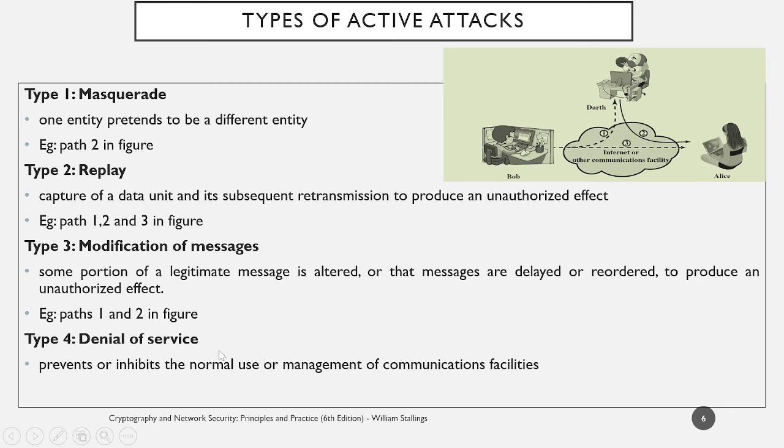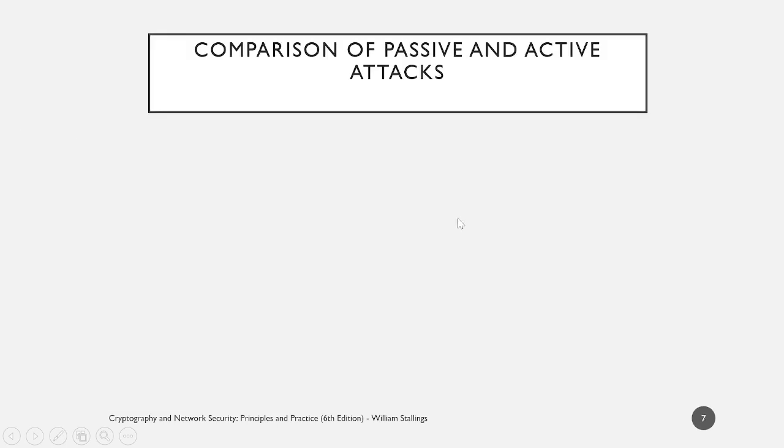This is called denial of service. Example, part 3. As I have discussed, Bob is sending the message, but there are no system resources available, so the information may not reach the recipient side.